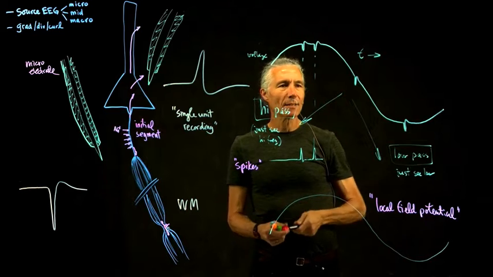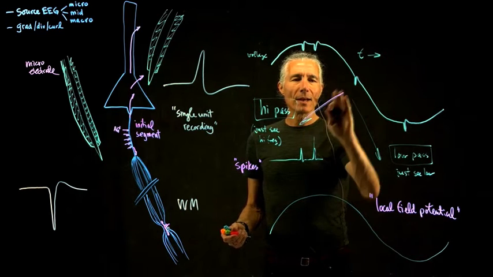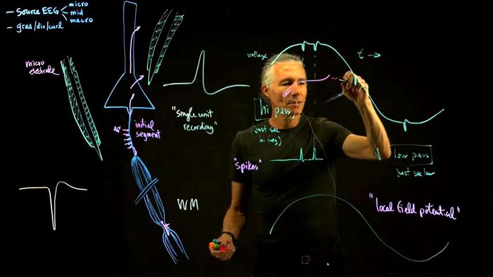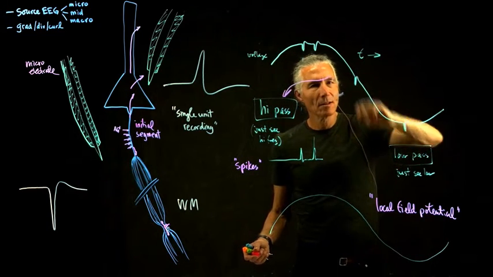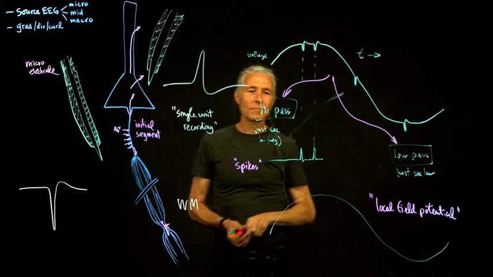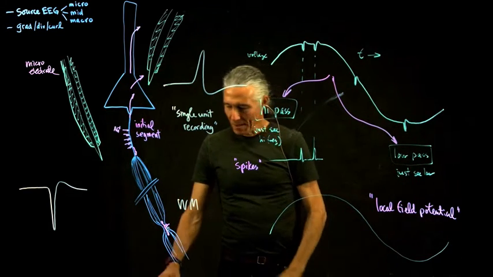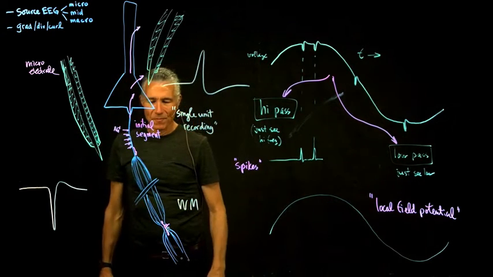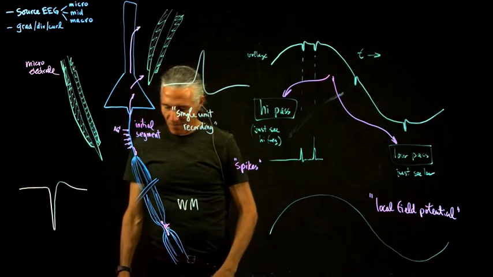And the way you see it is, you either do a low pass, take this signal and do a low pass, or just take the exact same signal and do a high pass. So that's kind of like the micro level.